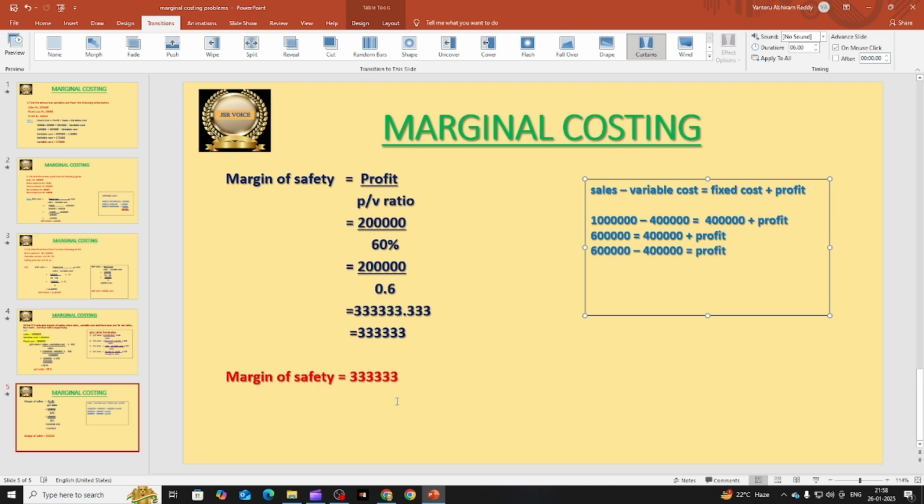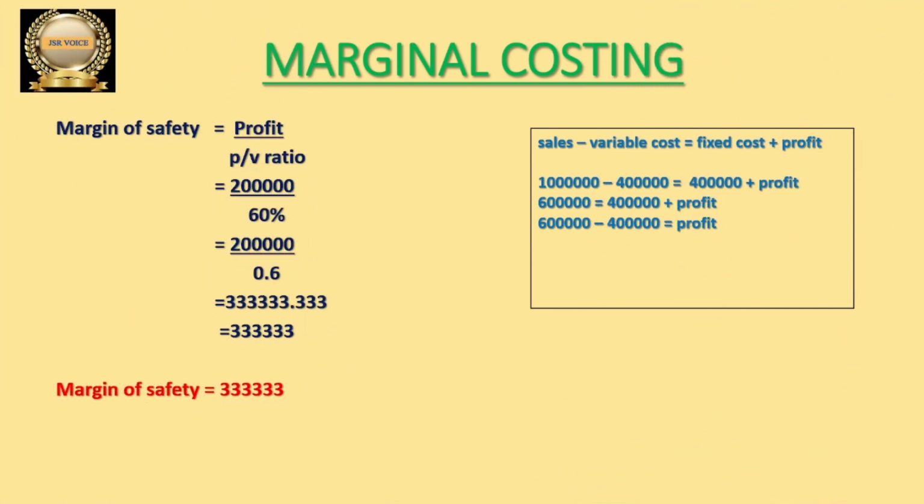Yeah, now this is clear. This is the marginal costing equation. It should be like that. Profit in the previous screen, profit came down, no? So sales minus variable cost is equal to fixed cost plus profit.